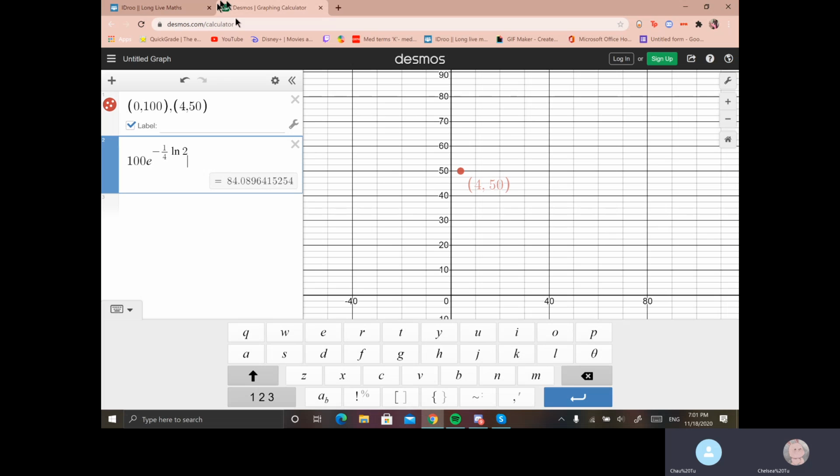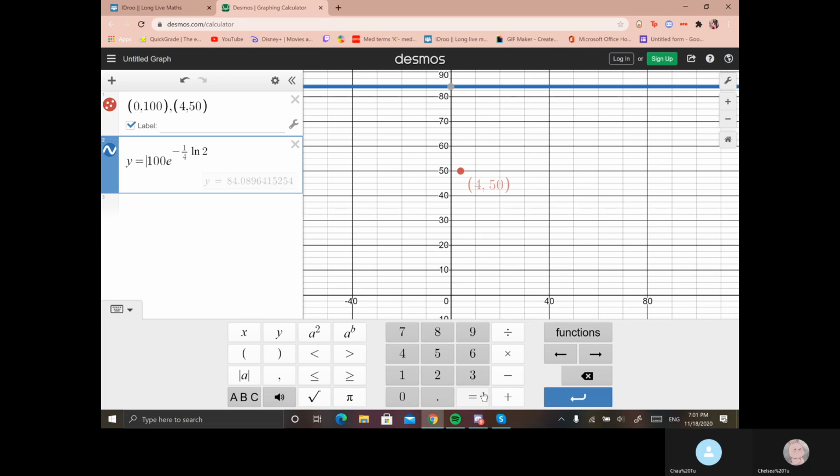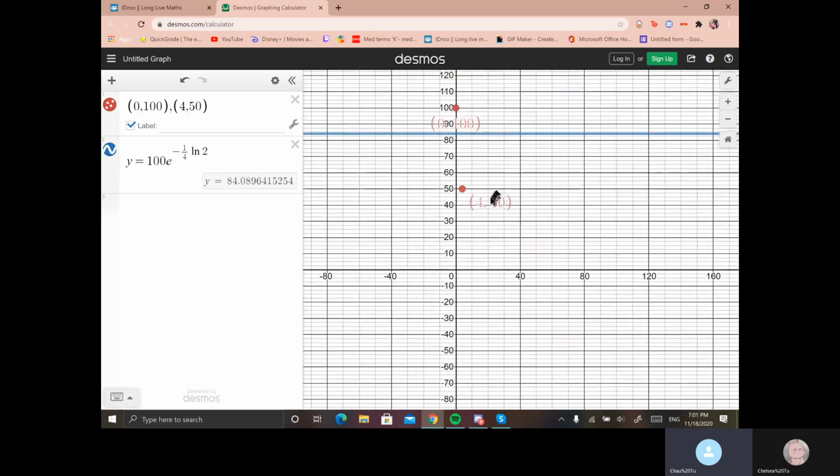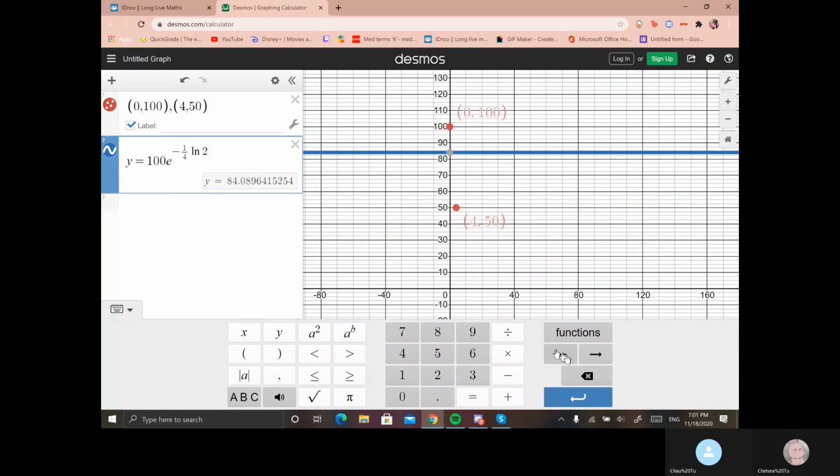Let me think. Chelsea, instead of using T, you're supposed to use X, because Desmos doesn't understand T. T is between you and me. It represents time.